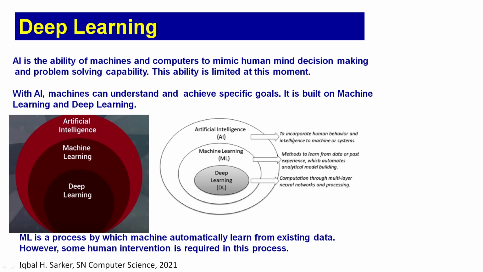I hope it is clear that machine learning uses data or experience to learn and develop a model, and after the model is developed it can predict, and those predictions you can check using experiments or some other calculations. Deep learning, on the other hand, does computation or learning using multi-layer neural network methods and processing. The moment we talk about neural networks, we are talking about the human brain.